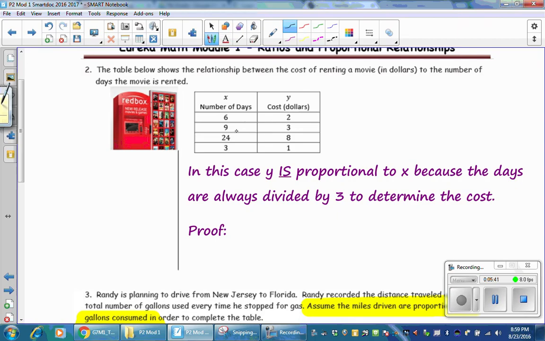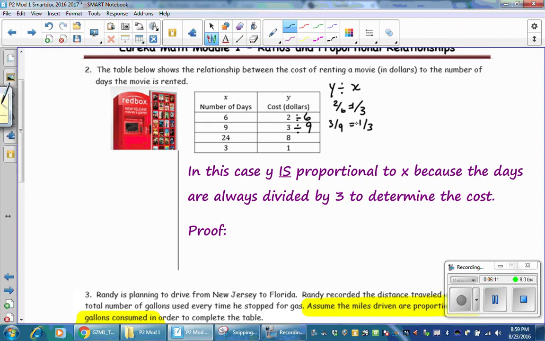To figure that out, you can do 2 divided by 6, in other words, y divided by x. So 2 divided by 6 is 1/3. 2/6 is equal to 1/3. And then following the same pattern, 3 divided by 9, 3 over 9, also equals 1/3.